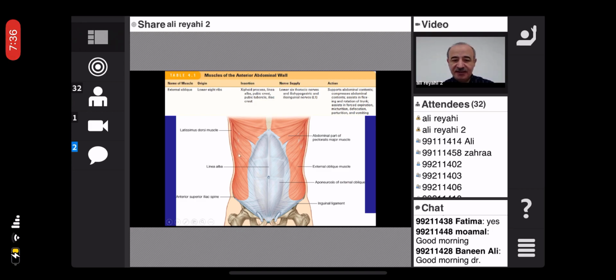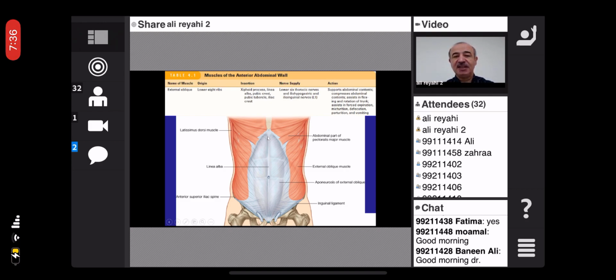In the midclavicular line the muscle fibers end and change to a broad aponeurosis that passes in front and reaches the midline at the linea alba. This insertion of the external oblique is from the xiphoid process, which means it is attached to the xiphoid process.